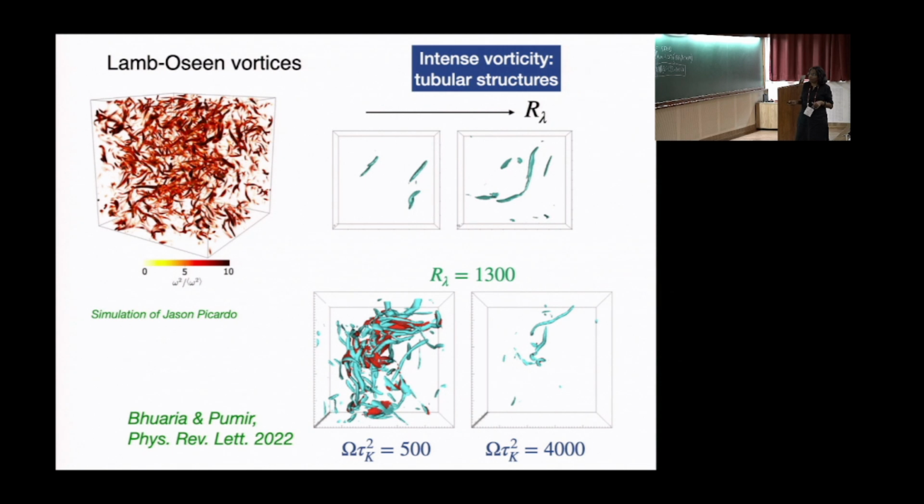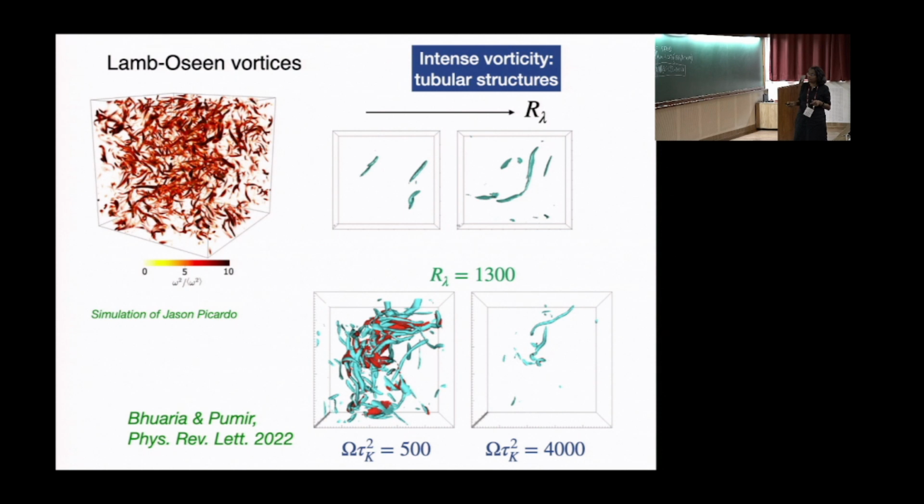If you do a simple argument of whether a Kolmogorov vortex can form this, and we'll do that soon, you'll see that it cannot form raindrops. It cannot help in raindrop growth. So you need sub-Kolmogorov scales.